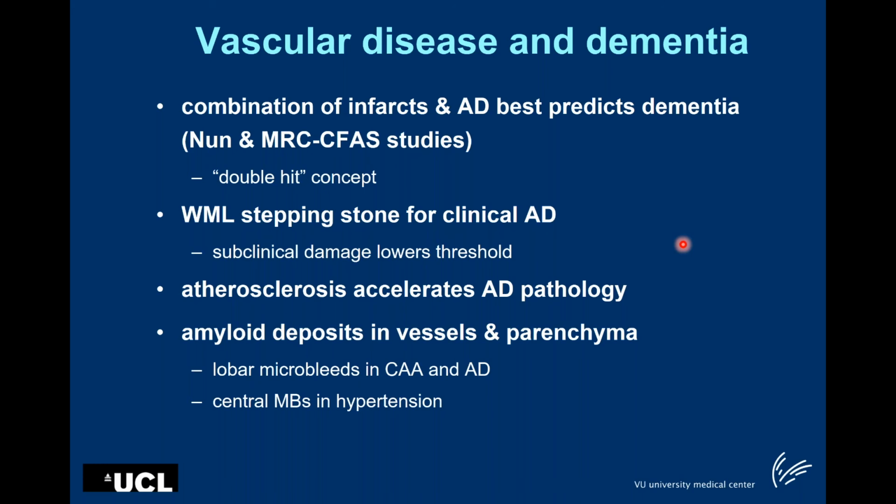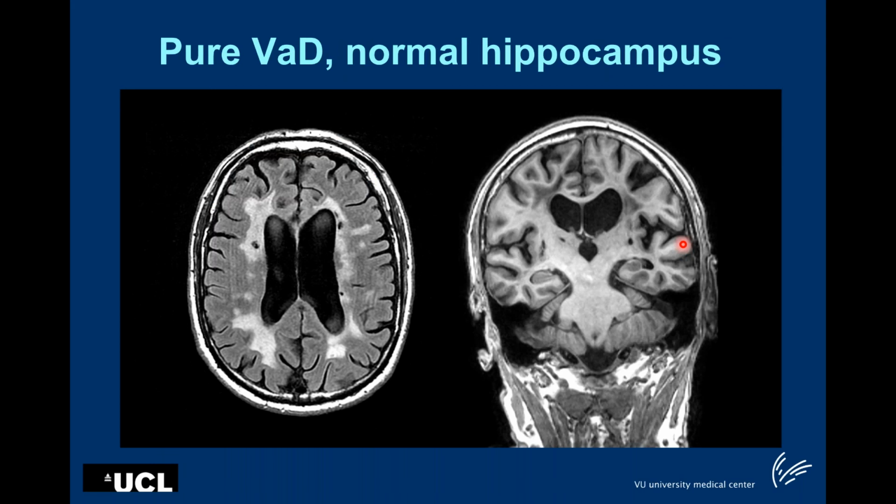But in addition, if you have vascular damage in your brain, like with trauma, you have less brain reserve. So then at a lower threshold, you will become symptomatic if there's some neurodegenerative pathology developing. So it also just lowers your threshold, but it may in itself accelerate the Alzheimer pathology.